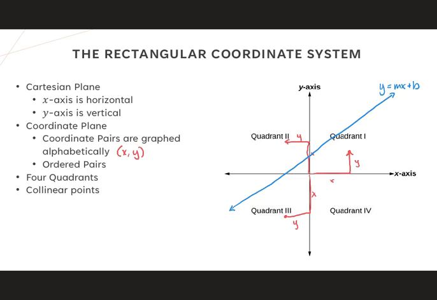Now you may notice that the quadrants are numbered funny. I go from quadrant 1 to quadrant 2 to quadrant 3 to quadrant 4. And the reason that they're labeled counterclockwise like that is because eventually our goal is to take this rectangular system and be able to interact with trigonometry and geometry and all of those things so that we have this common thread through all the math.